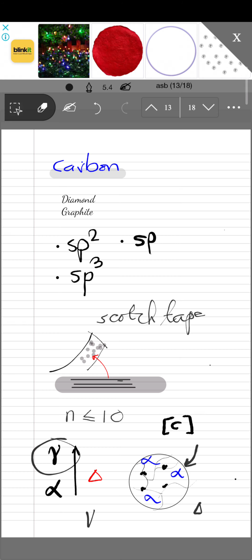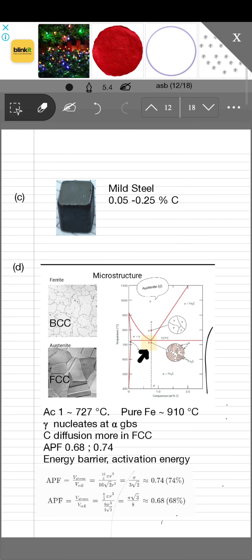Now, the ferritic phase is a BCC structure, and the austenitic phase is an FCC structure. Since they have different atomic packing fractions, there is more space available in the case of FCC, which is the reason for more carbon diffusion.